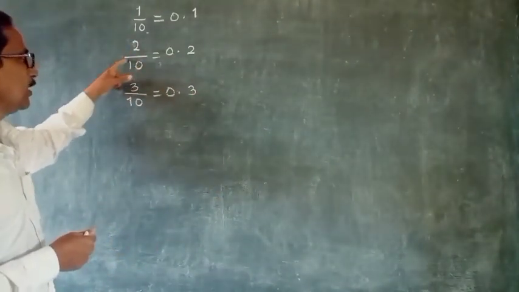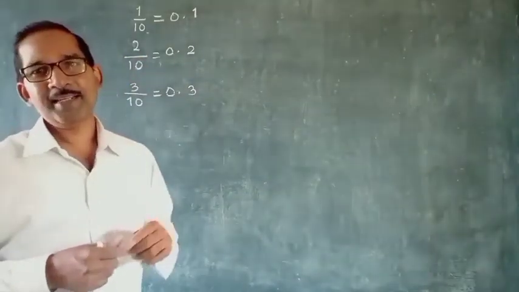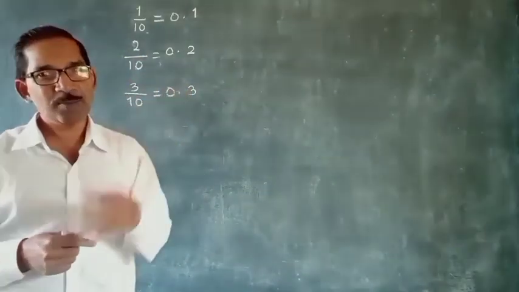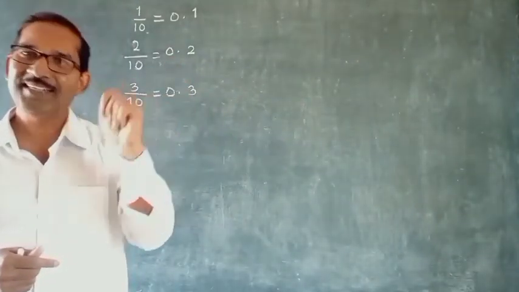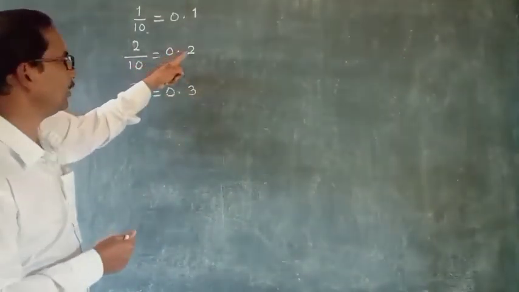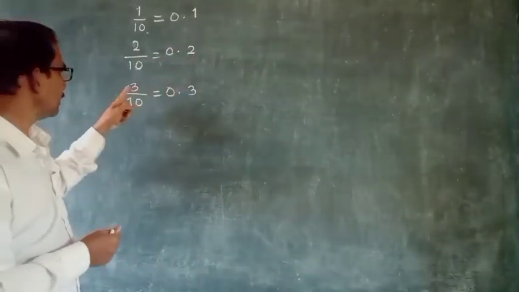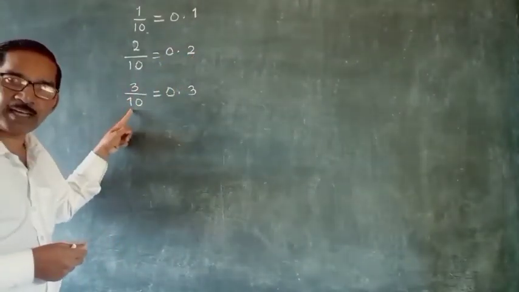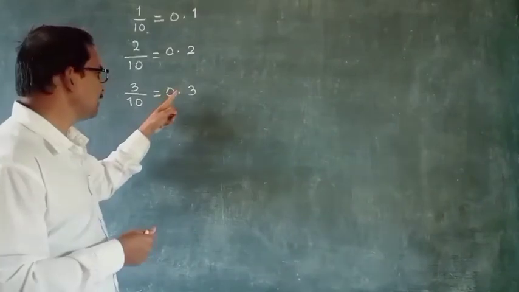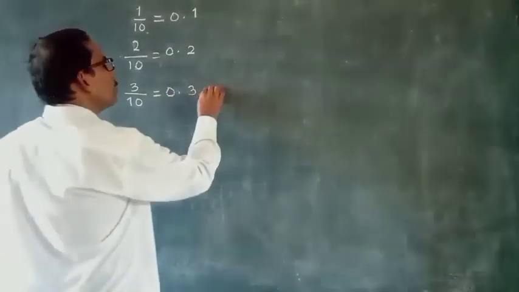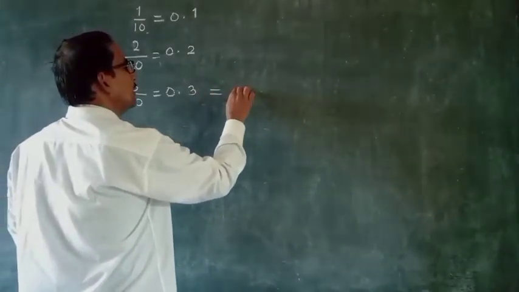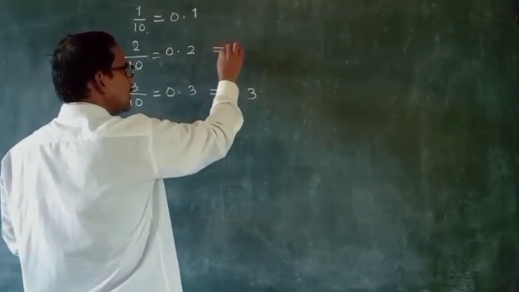That means we divide something into 10 equal parts and we take 2 parts only out of 10. So this is 0.2. If we take 3 parts out of 10, then it will be written as 0.3. It is 0.2.